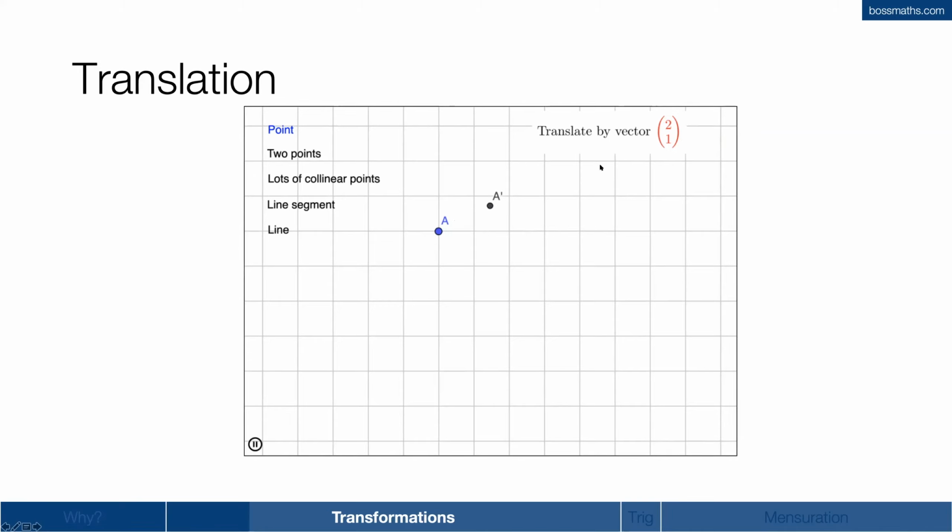We can demonstrate that, we can talk about the vector, and then we can move on. We can say, all right, can we translate 2 points at the same time? Well, yes, we can. We can talk a little about that. Then we can move on to translating lots of points that happen to lie on the same line. And you'll see where I'm going with this in a moment, but yes, we can. This is what it looks like to translate lots of points that lie on the same line.